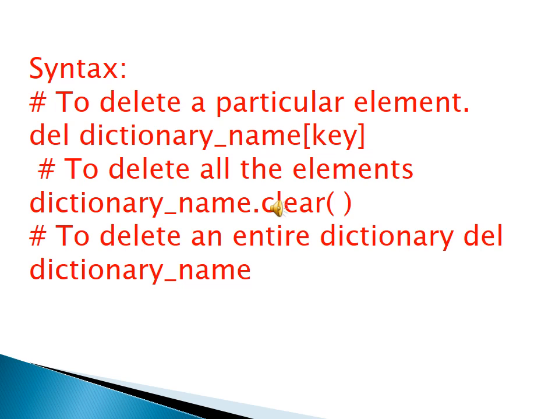It is going to clear all the elements. For a particular element you should select that particular key. Next, to delete the entire dictionary, the overall dictionary, we use the del keyword and the dictionary name. Single element means del keyword, all the elements means clear function, entire dictionary means again you should use the del keyword.